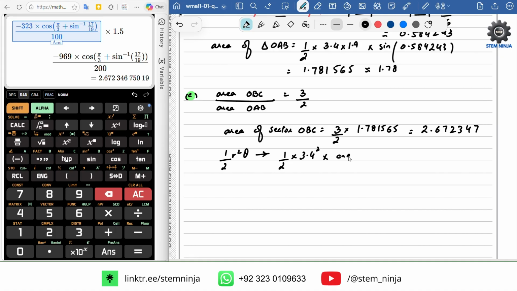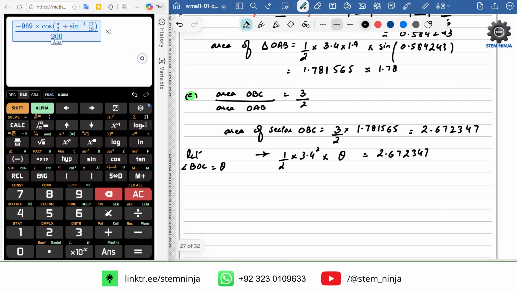Let angle BOC equal theta radians, equal to 2.672347.